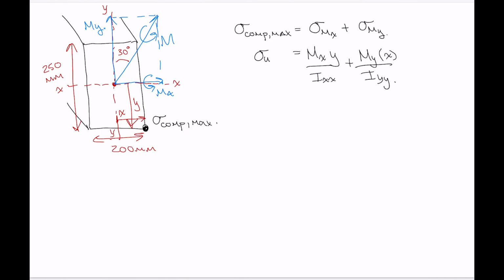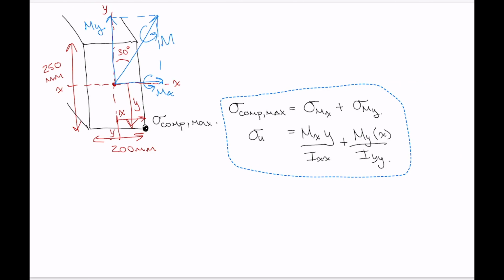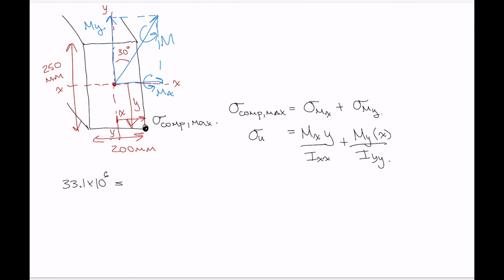So it's sort of like a one-step deal here. Now, recognizing that we'll probably need some space, we'll move this down slightly and do the equation on this line over here. So 33.1 times 10 to the 6 pascals, that was the ultimate strength of the wood, equals Mx. We just want the x component, so that's M multiplied by sine 30, and then our distance y, which is half of the height of the cross section.